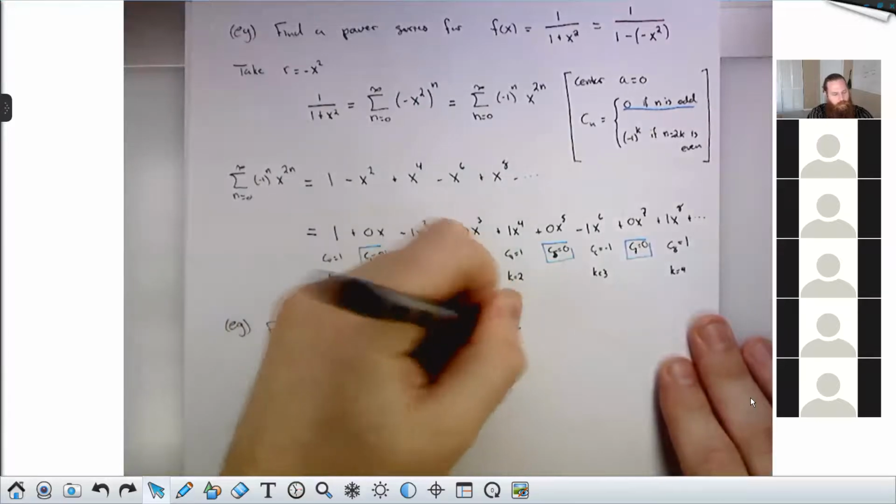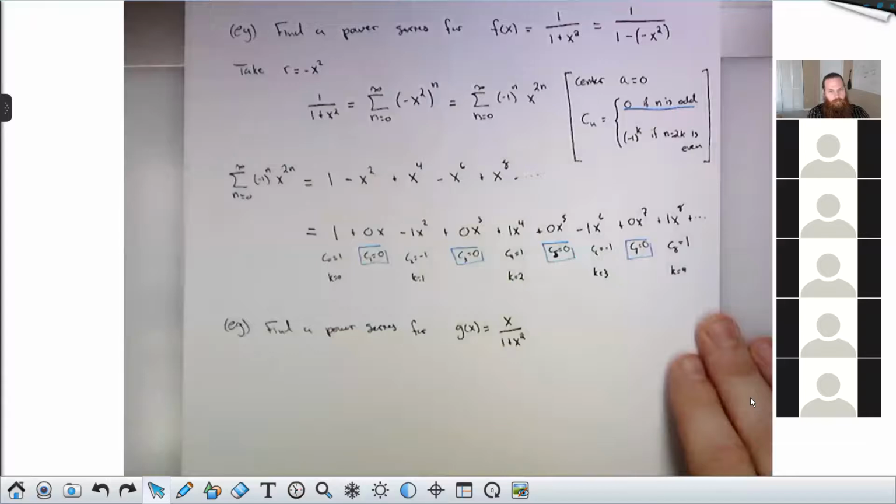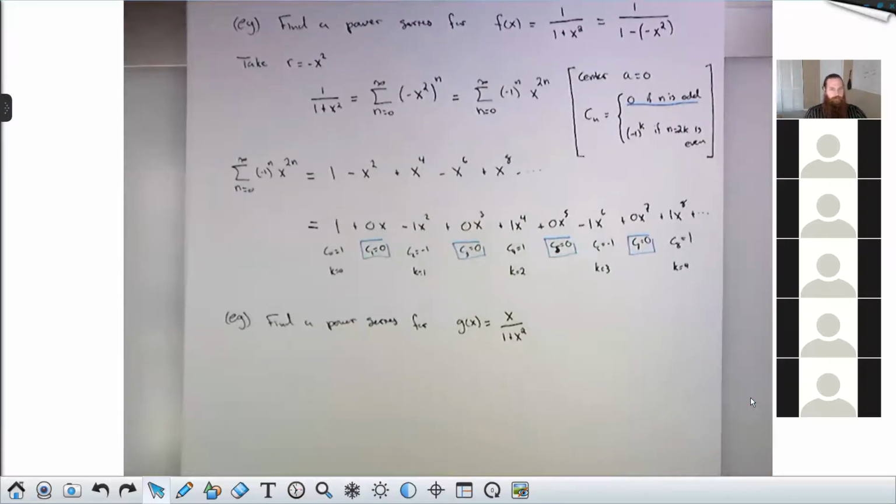Let's go for x over 1 plus x squared. Does anybody see a nice relationship between the function g of x here and the function f of x that we just found a series for?